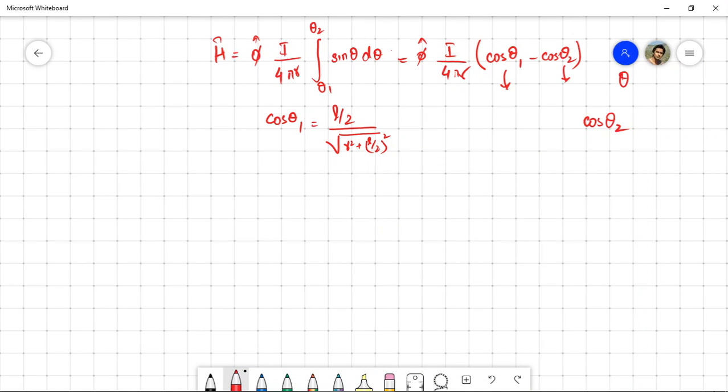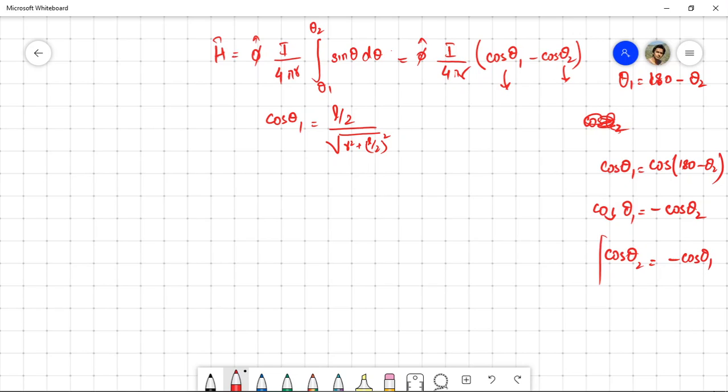That means theta 1 is equal to 180 degrees minus theta 2. If we take cos on both sides, cos theta 1 is equal to cos of 180 degrees minus theta 2. This will be minus cos theta 2. So it means that cos theta 2 is equal to minus cos theta 1.